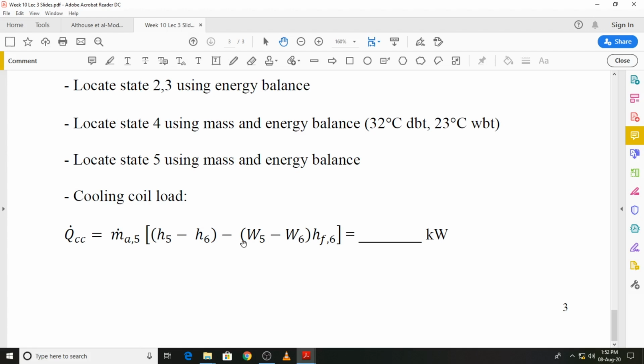And then of course in this equation we have an additional term. Remember, this represents the energy that is carried away by the condensed fluid, and for that we need the humidity ratios at states 5 and 6, and we are assuming that the condensate leaves the cooling coil at the saturation condition of state 6.